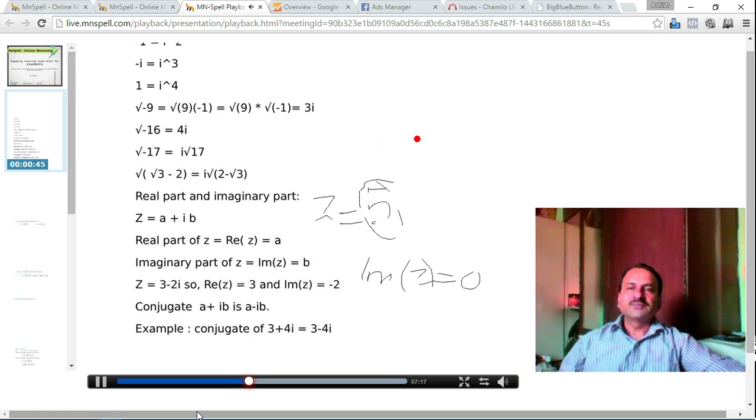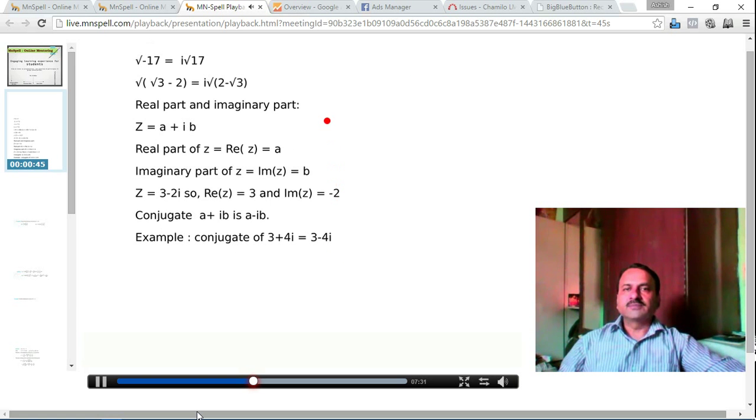Now we come to the next point. The next point is conjugate. If I write 3 plus 4i, our complex number is 3 plus 4i. Its conjugate is 3 minus 4i.